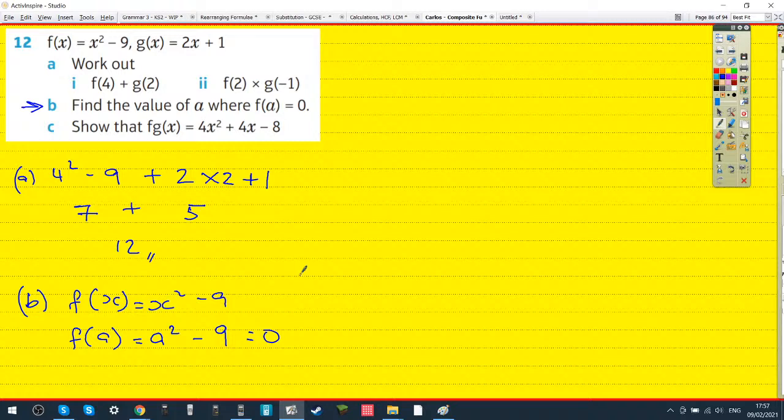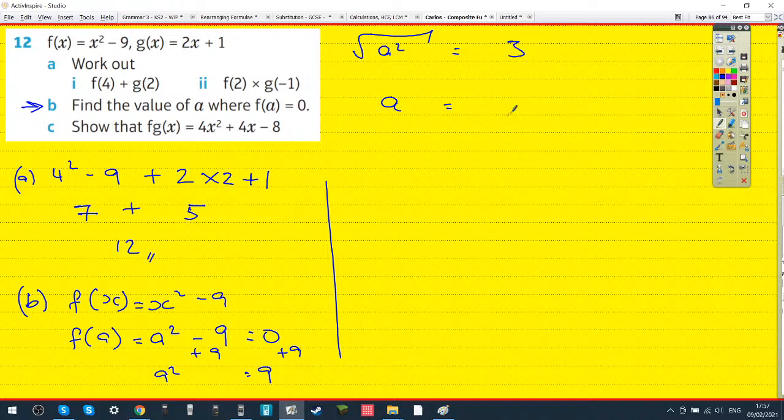So do you have to add 9? Yep. So A squared equals 9. Then divide by 2. No, it's not 2A, it's A squared. So you do the square root. So A equals 3.